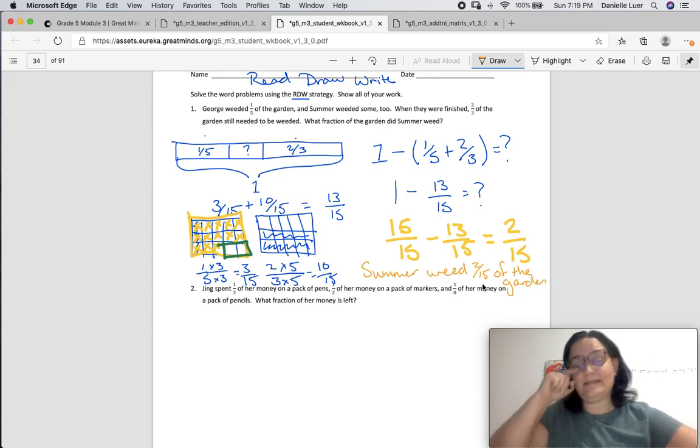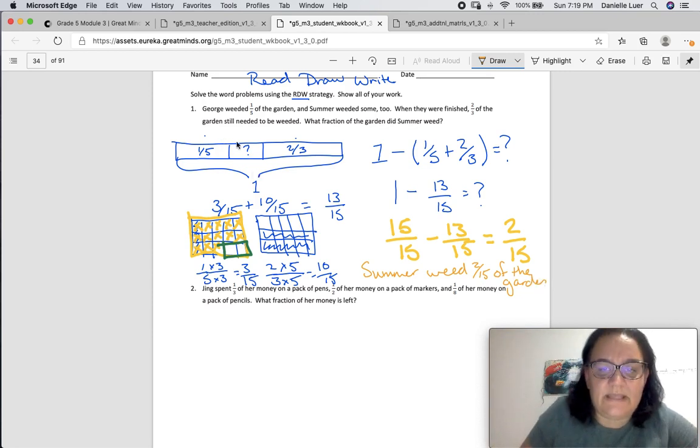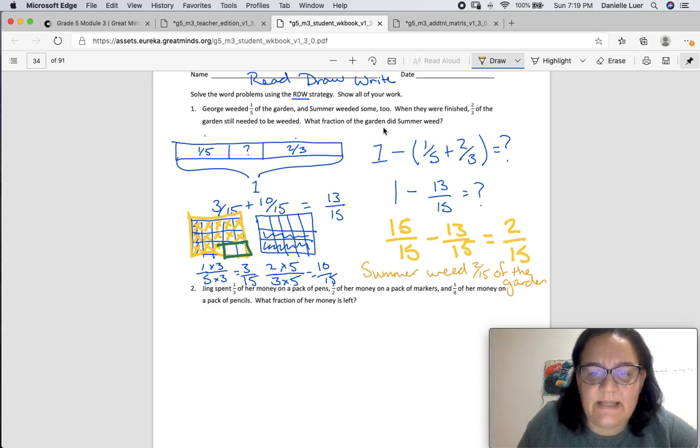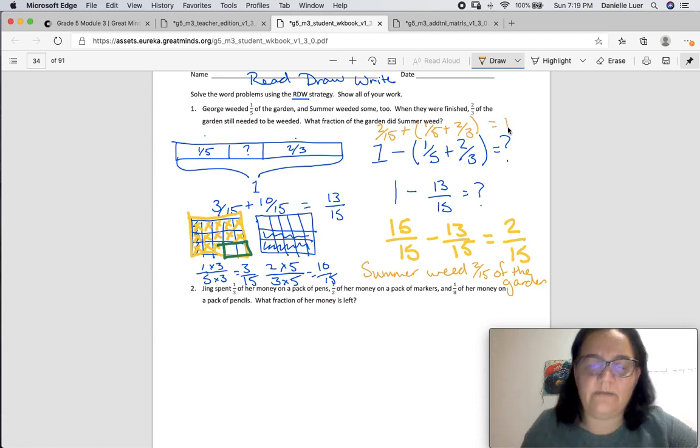I can check my answer. I can check it easily enough by flipping this around, and I'm going to say 2/15 plus 1/5 plus 2/3 should equal 1.